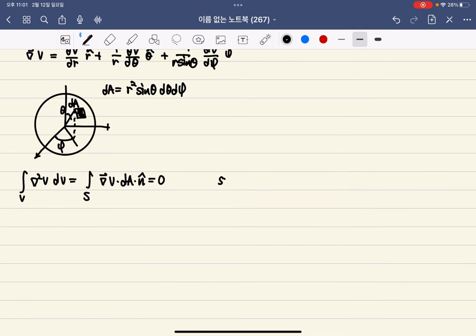So the surface, we assume the surface is a uniform sphere with radius r.